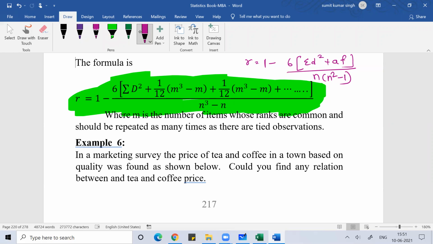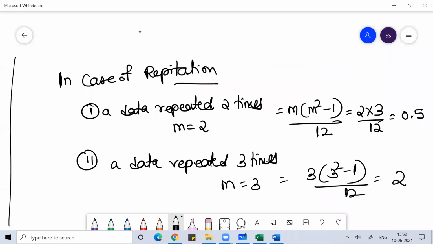It's very easy. The adjustment factor is nothing but the formula given in the book, m into m square minus 1 by 12. And m is either 2 or 3; you will not get more than that. So you can remember that if the repetition is 2 times, then the adjustment factor will be 0.5.